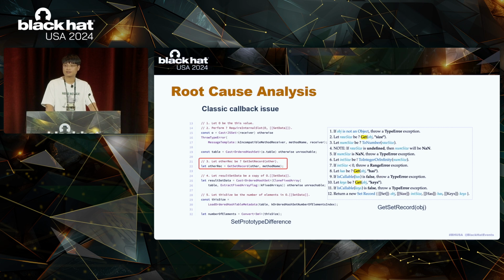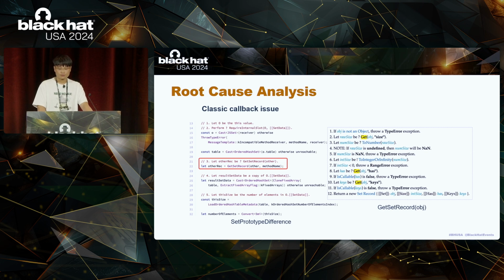Let's take a look at the V8 source code. When executing the newly implemented methods on sets, we first try to take out the pointer of the backing store from the JSSet object and store it into a variable table. Then we execute the getSetRecord function, triggering the user-defined callback function when fetching the value of property size.